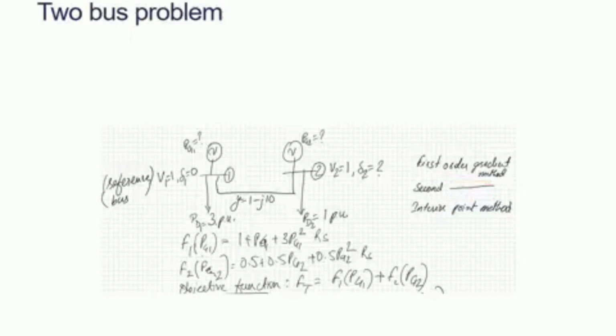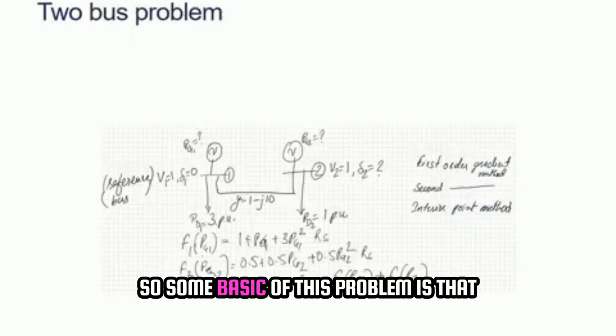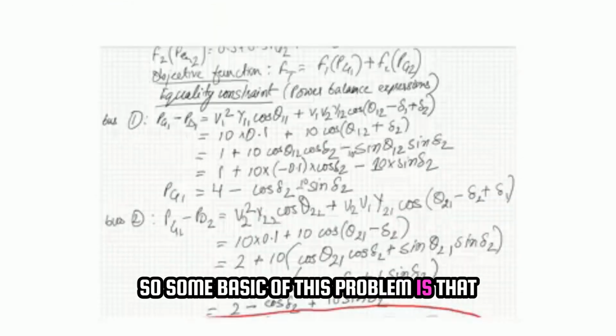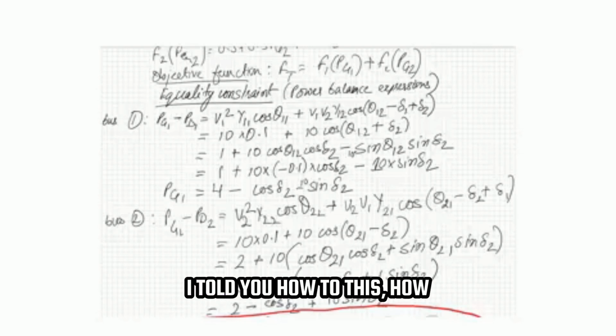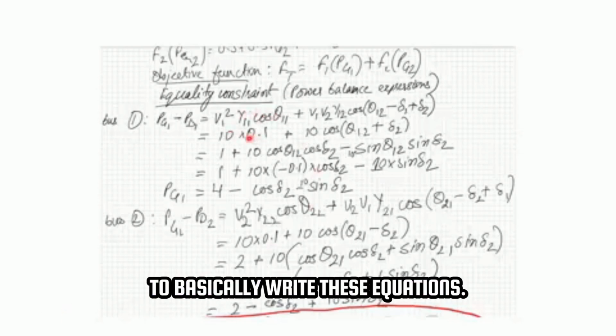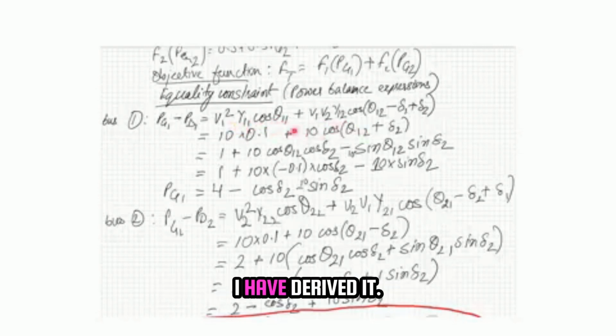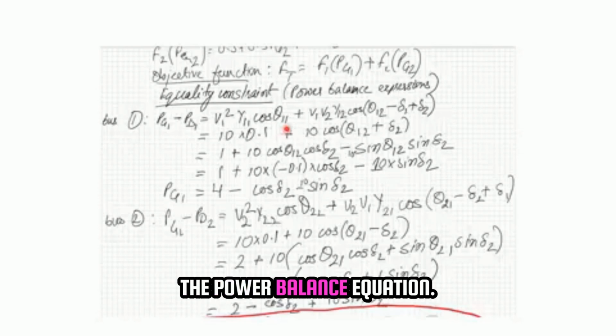So some basics of this problem: how to write these equations. This I have already shown you in the last class. I have derived it. This is nothing but the power balance equation.